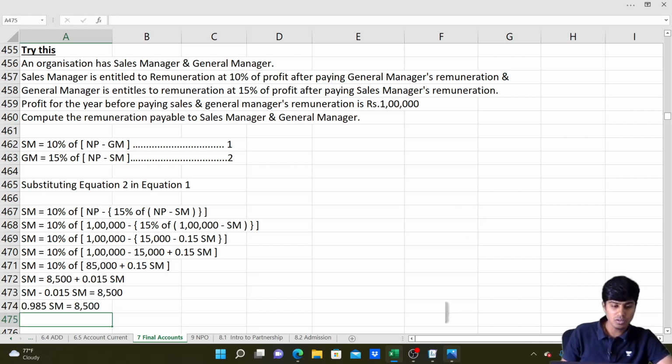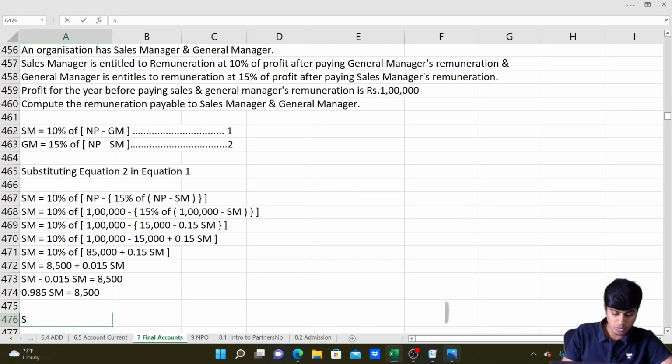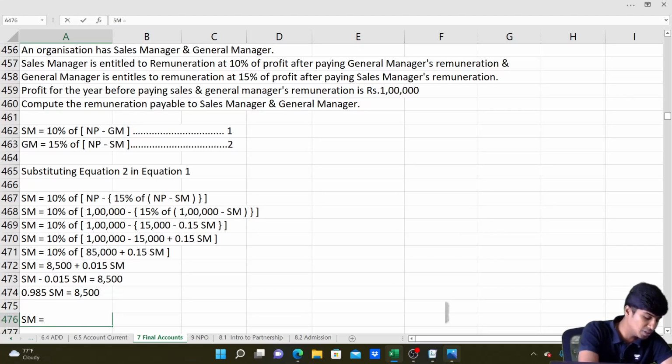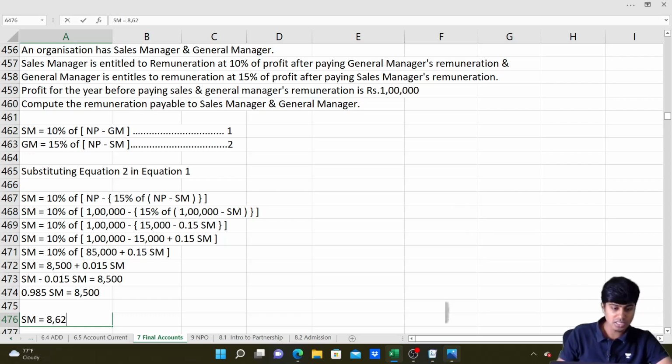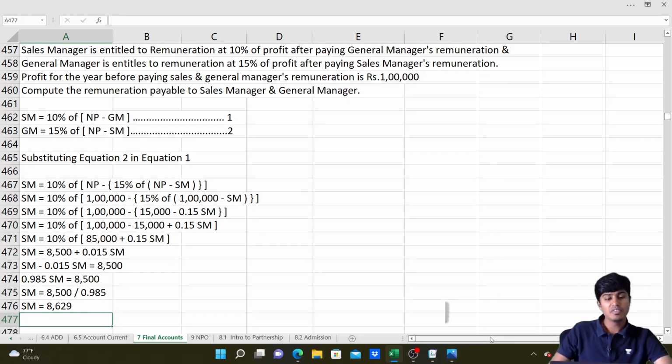And finally, I'll solve SM is equal to 8,500 divided by 0.985. That's how I'm going to find my sales manager's remuneration. That gives us 8,629. We finally found it.